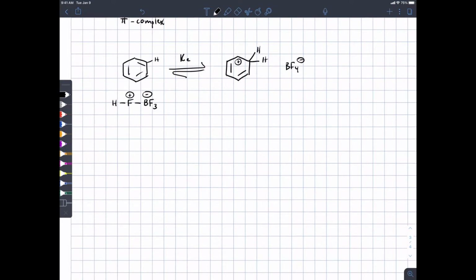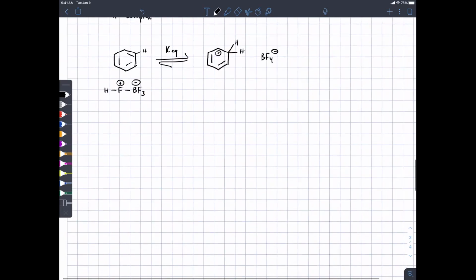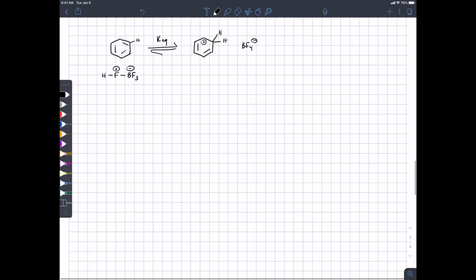And you can measure that equilibrium constant, and you can compare stabilities of those sigma complexes.